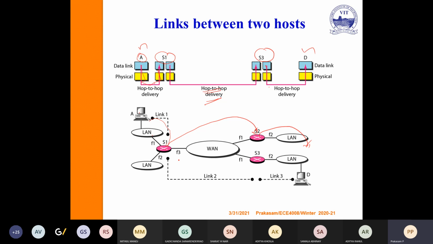It will check one by one whether the physical address is connected to the respective switches. So for this example it requires three links. If you want to transmit over a very long distance, I may need many more links to interconnect source and destination. That is the drawback of establishing the network at the data link layer level.